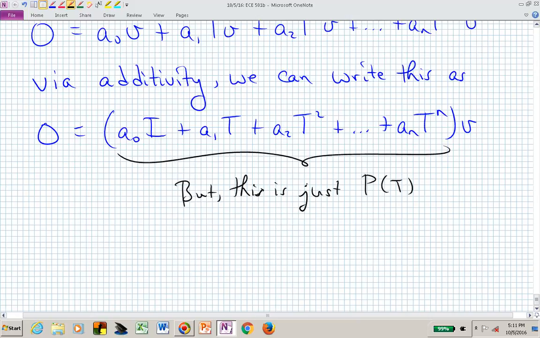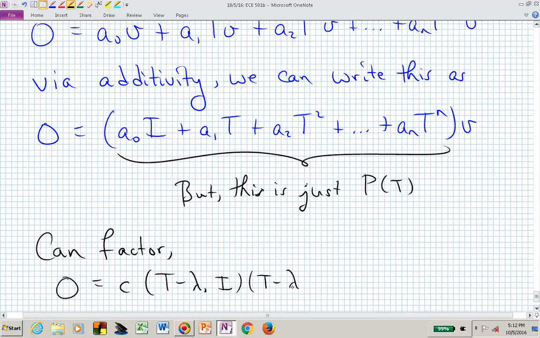And what can we do with that polynomial? Now it can be factored, can't it? So now we can factor that as 0 is equal to c, (T minus lambda 1 I)(T minus lambda sub 2 I), and we said that we only had m of those factors that were non-zero, so that's now there.